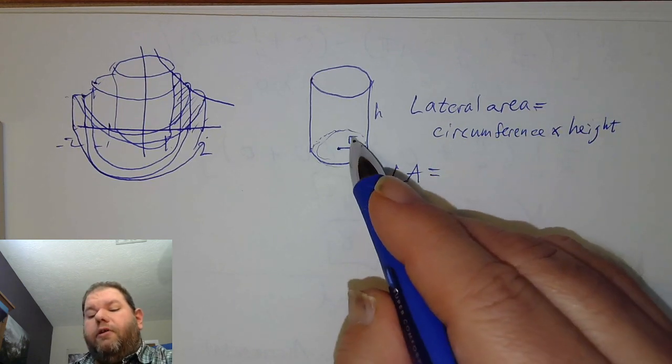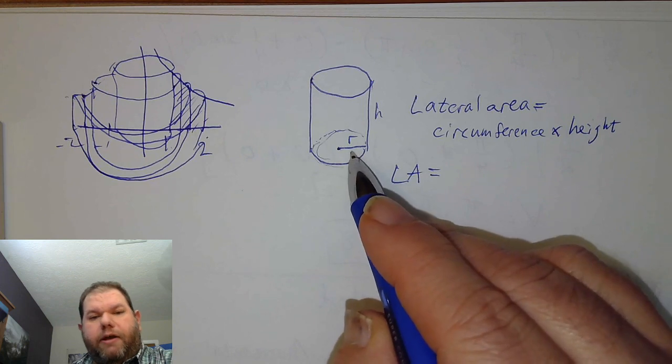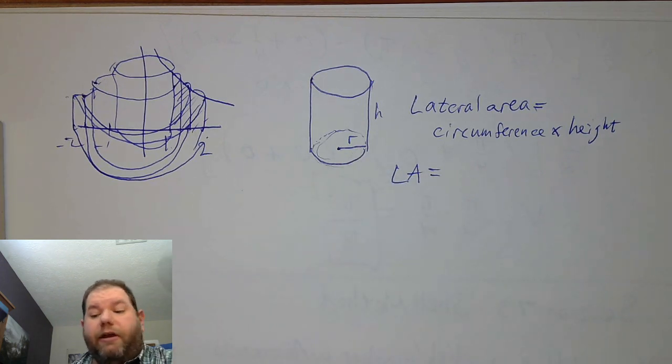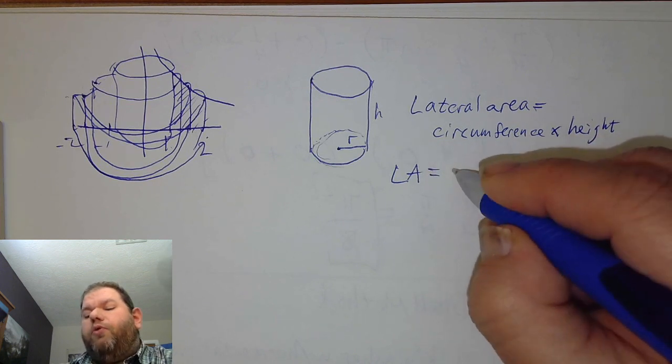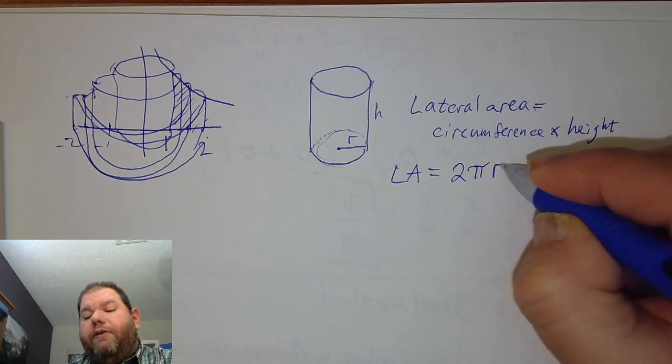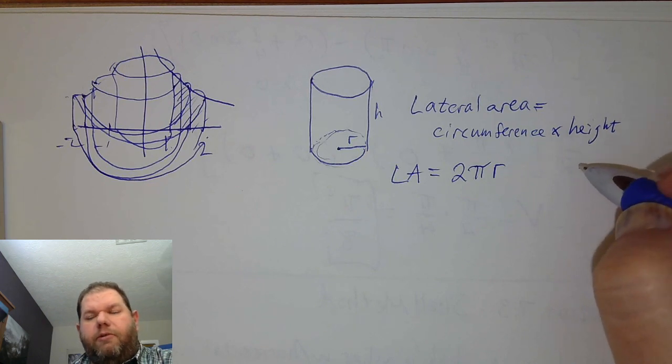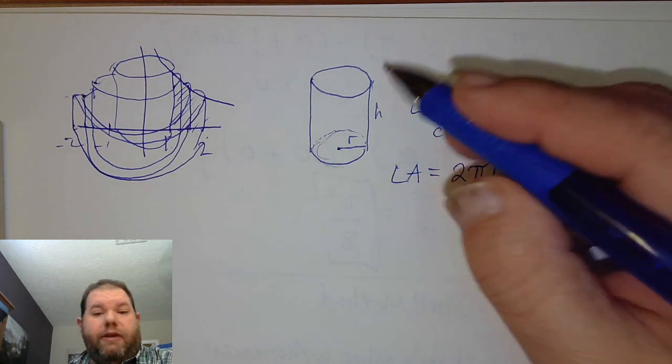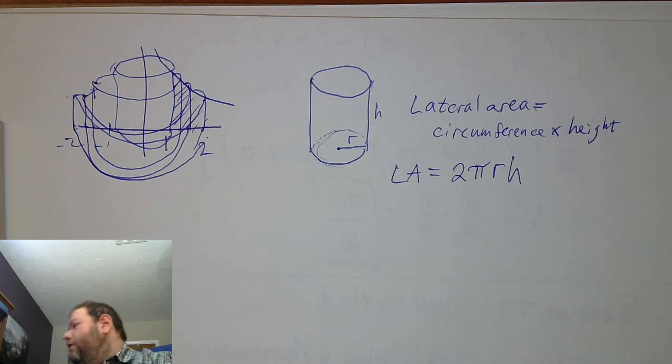So the circumference of a circle is 2 pi times the radius, or pi times the diameter, however you remember that, but we're going to be given the radius, or we'll have to find the radius, so we'll use r instead of diameter. And then we'll have height, which is h. And so that's the lateral area of the cylinder. And so what we're going to do is add all of those cylinders together, which means we basically convert it to an integral, and we can do that to help us find the volume.